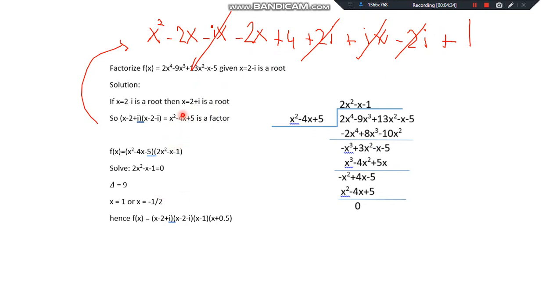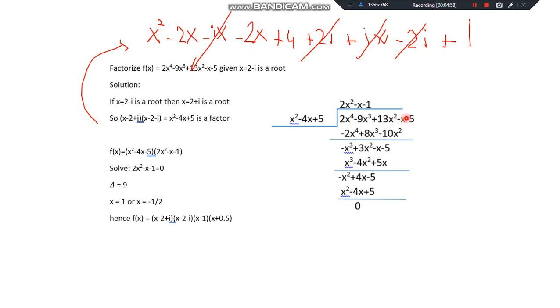So we take this one and we divide it by x squared minus 4x plus 5. So you have 2x to the 4 minus 9x cubed, and so on, divided by this factor. The remainder must be 0 because it's divisible. So you do the division, 2x to the 4 divided by x squared is 2x squared, and you do all of this division. And the second factor will be what?